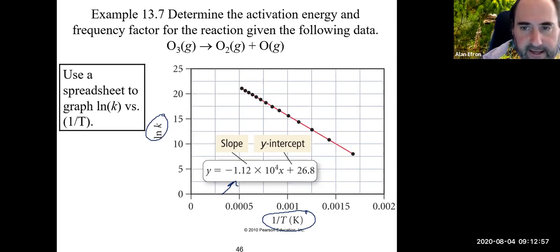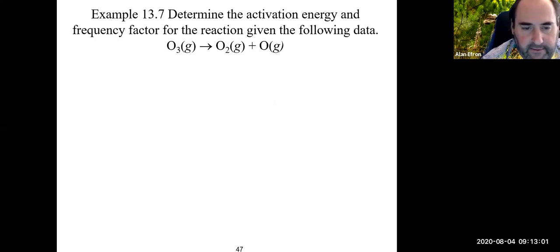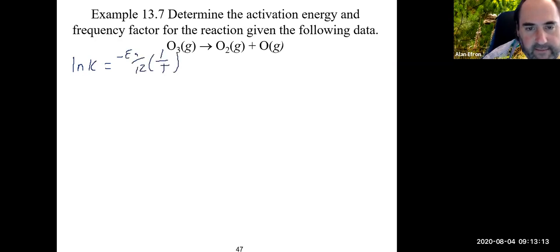So if we take a look at it here, looking at our original equation here, natural log of K equals minus E of A over R, 1 over T plus the natural log of A. So remember, this is our y is equal to mx plus b.